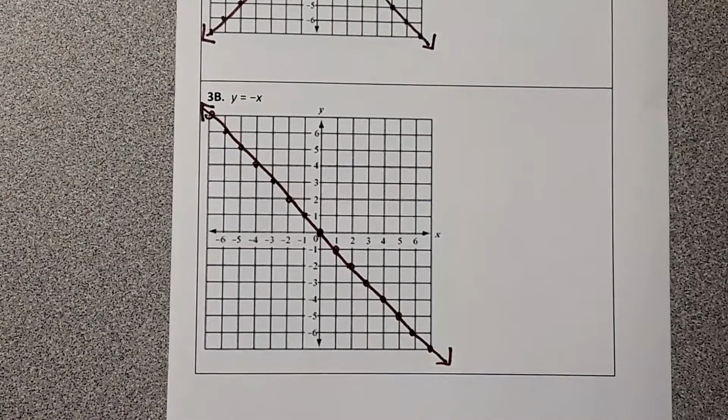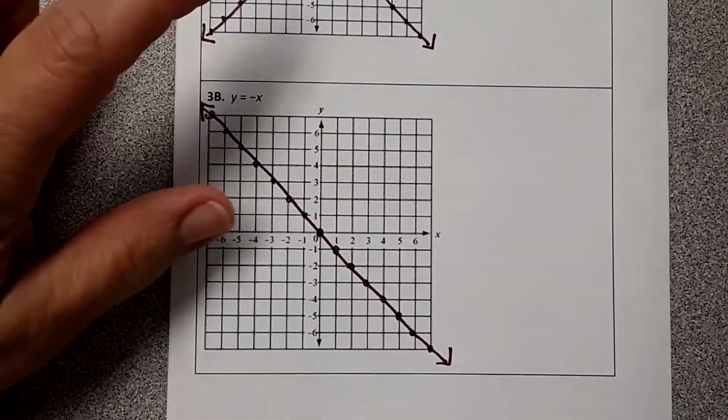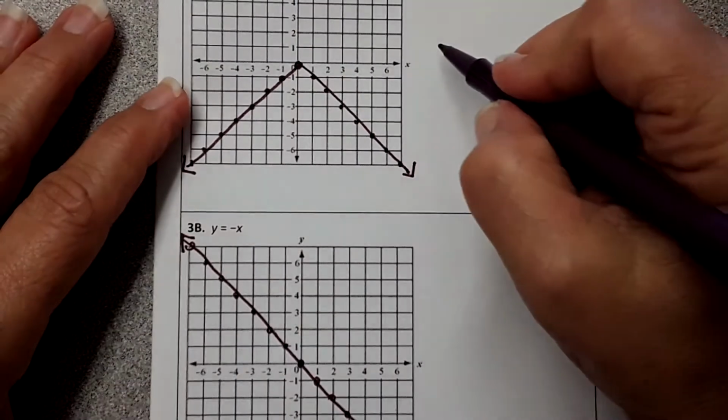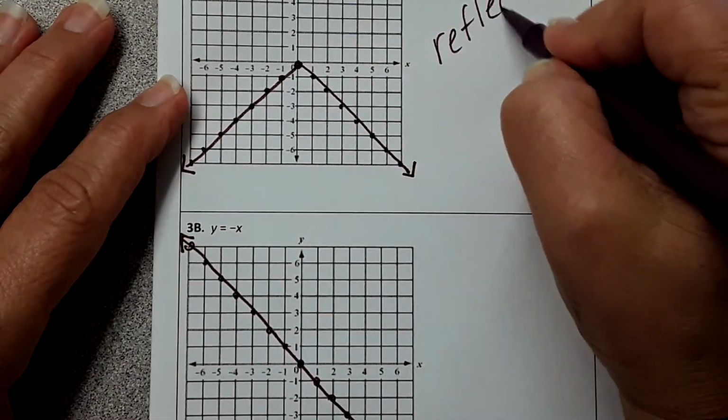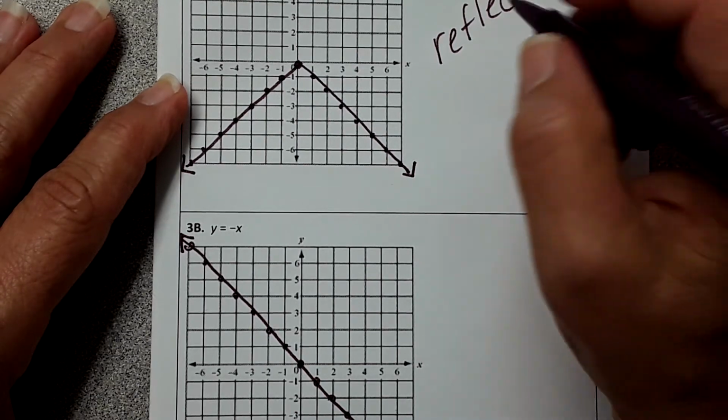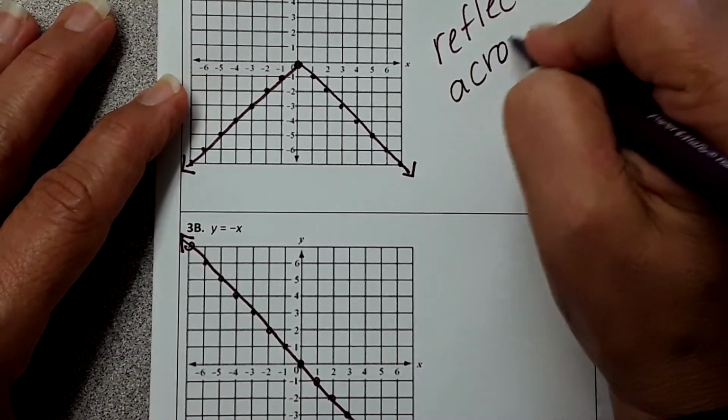So we've talked about a translation, left or right. We talked about a translation, up or down. We talked about a reflection. So 3A and 3B are your reflections. So this would be a reflection across the x-axis.